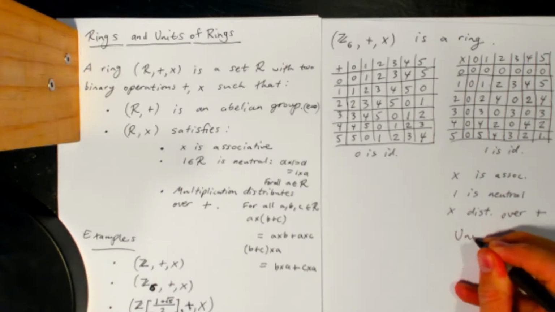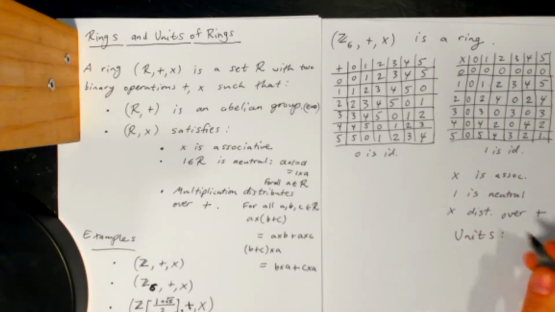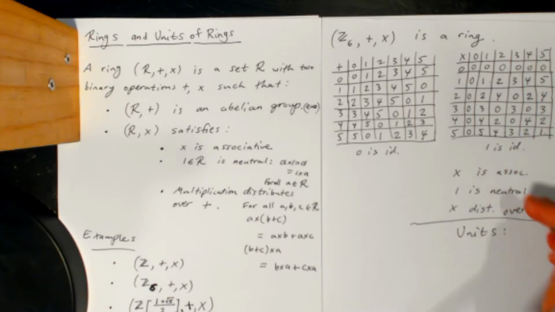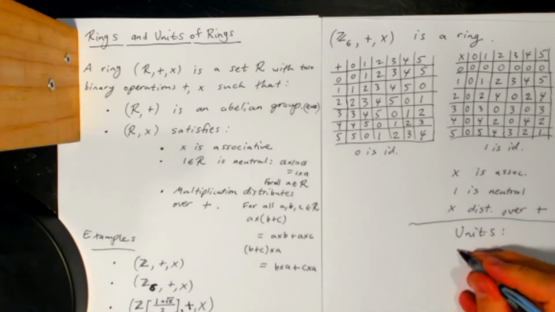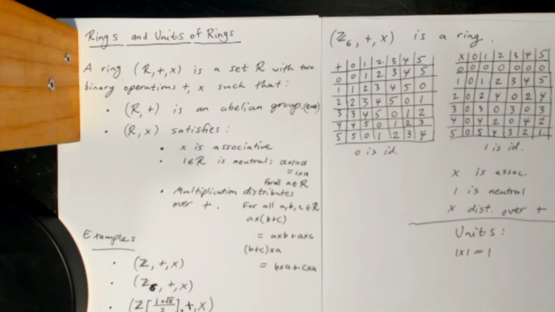So let's write units. And this is a separate question, right? We've shown that it's a ring. So now we're interested in units. So 1 times 1 is equal to 1, and 5 times 5 is equal to 1. So the units are just 1 and 5.